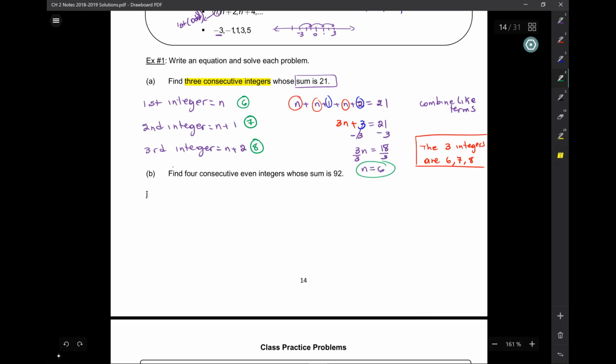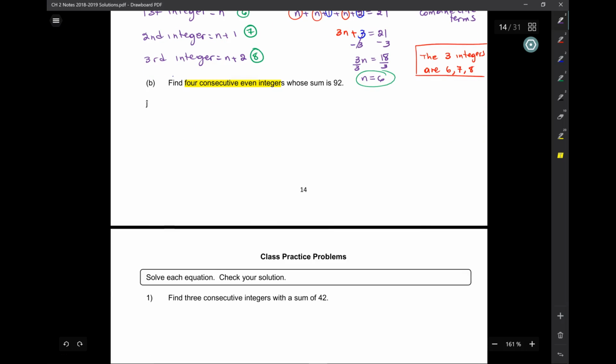Okay, now we want 4 consecutive even integers. So let's just first concentrate on that one, right? First consecutive even integers. So we want the first integer to be n. Second even integer. Remember when you go evens, you're going to go up by 2. So it's n plus 2.